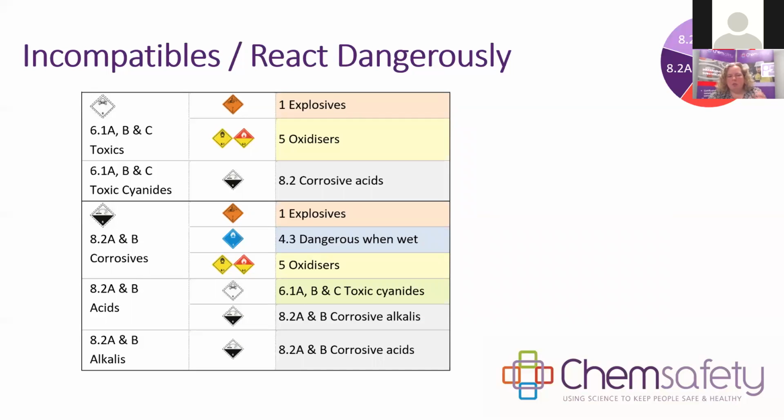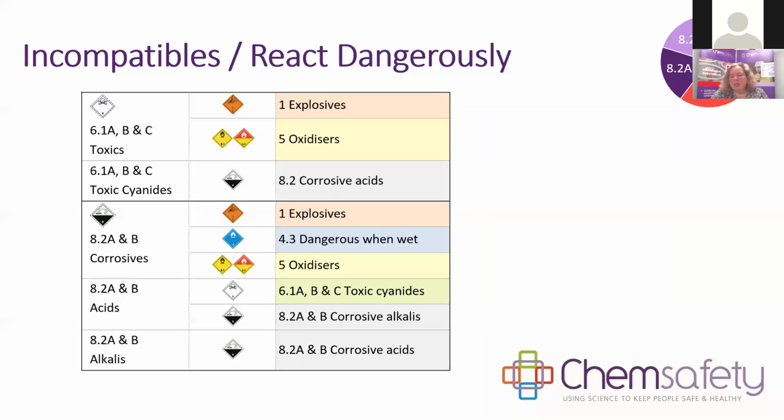Acids and cyanides will react to create hydrogen cyanide, poisonous gas. We want to keep our corrosives away from explosives, things that are dangerous when wet. If something's going to react with water, then it's highly likely to react much more intensely with an acid or an alkali. And again, oxidizers need to be kept away. Keep our acids away from cyanides, and also keep our acids and our alkalis separate.